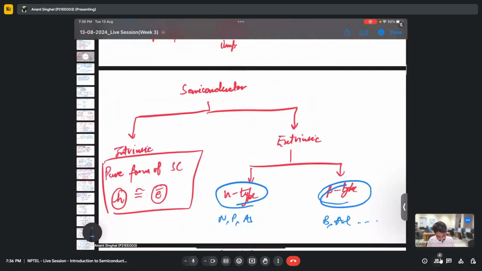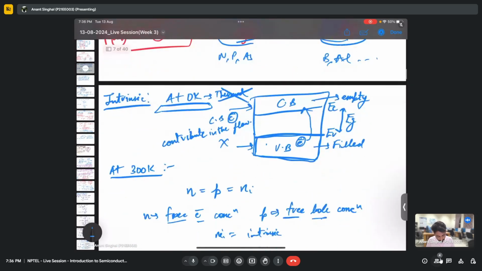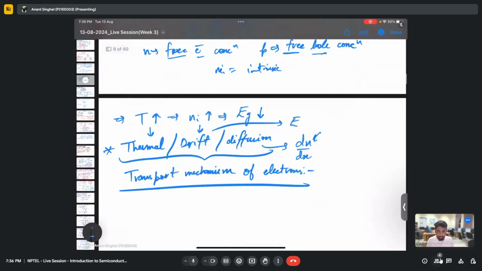What are these? What are the extrinsic types? Why do we call it extrinsic? Then what are the band diagrams and all? So you will get to know, or even if you are still having problems with these very basic terms, you can always mail me. Maybe we can make a WhatsApp group of all the students, and you can add me in that group so that it will help.